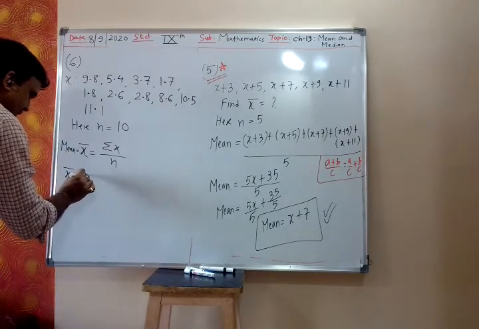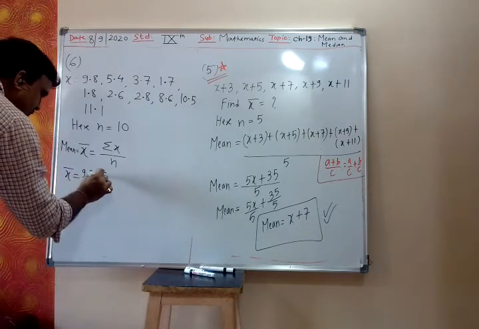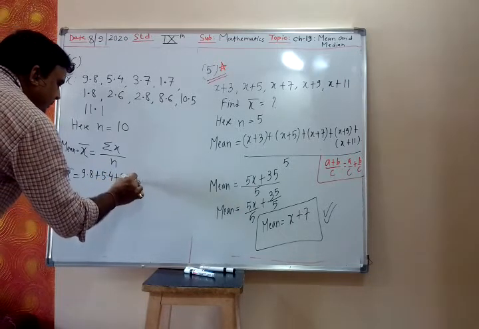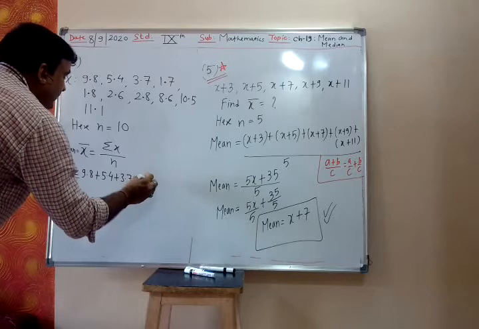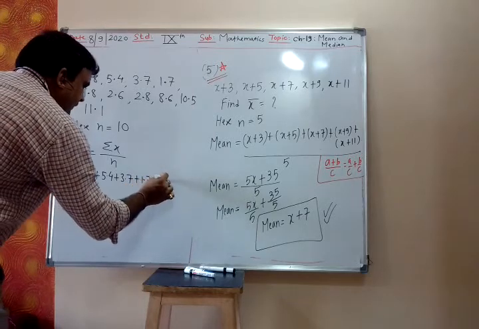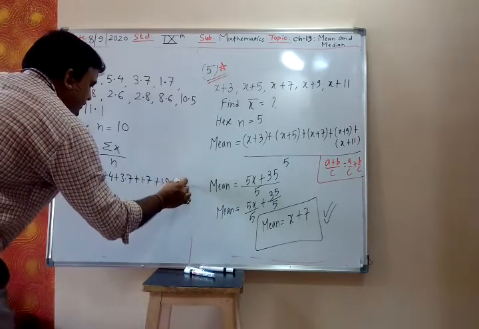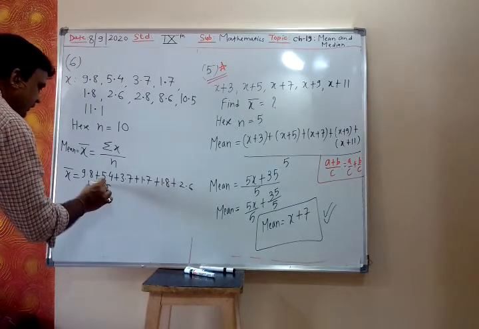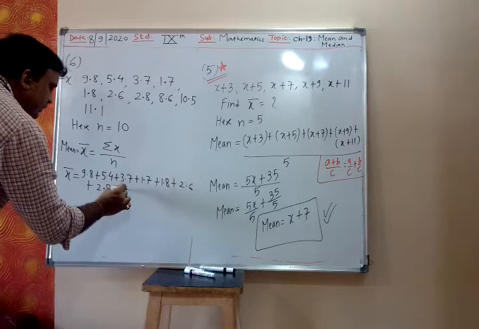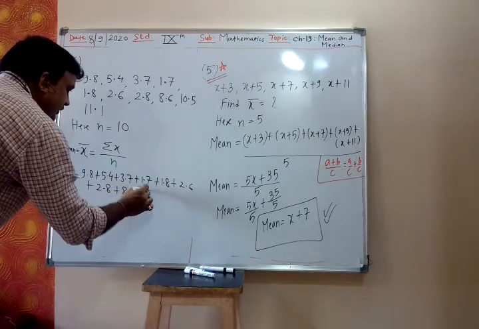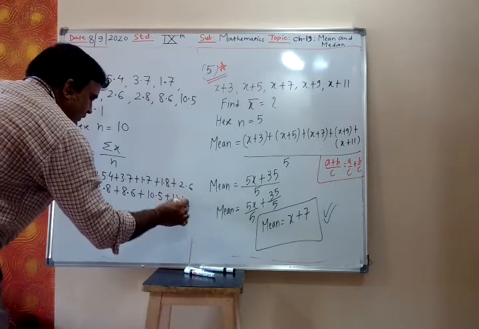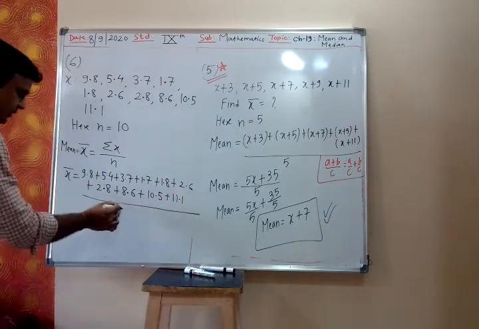So that is 9.8 plus 5.4 plus 3.7 plus 1.7 plus 1.8 plus 2.6 plus 2.8 plus 8.6 plus 10.5 plus 11.1. Divide this total by 10.